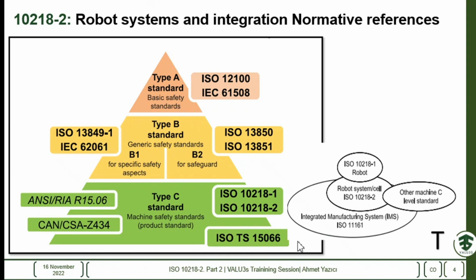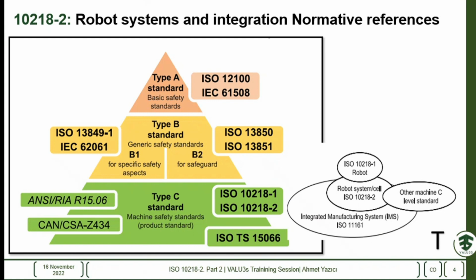In a wider area, when you consider manufacturing or industry, these two standards and other C-level standards are also included in integrated manufacturing systems, depending on the shop floor and application, etc. So this standard also refers to these ones depending on the manufacturing applications.